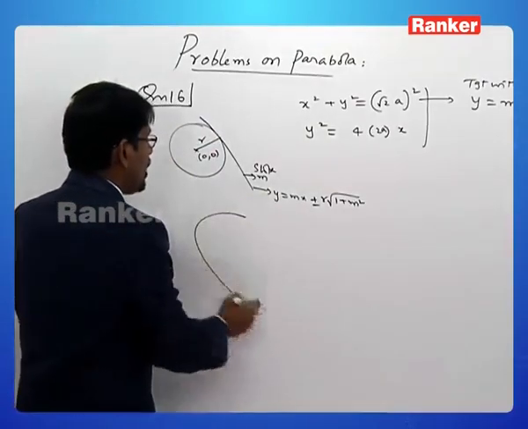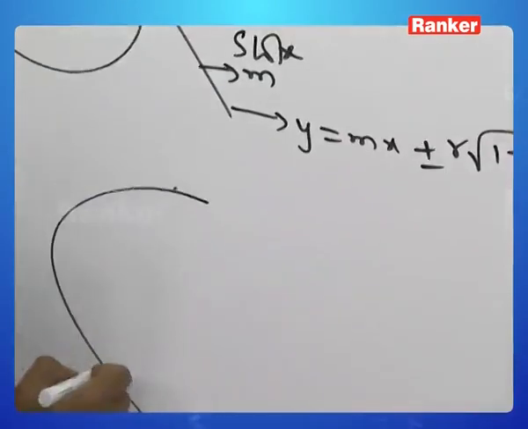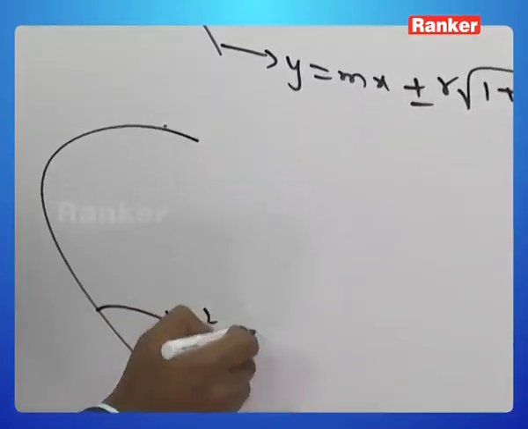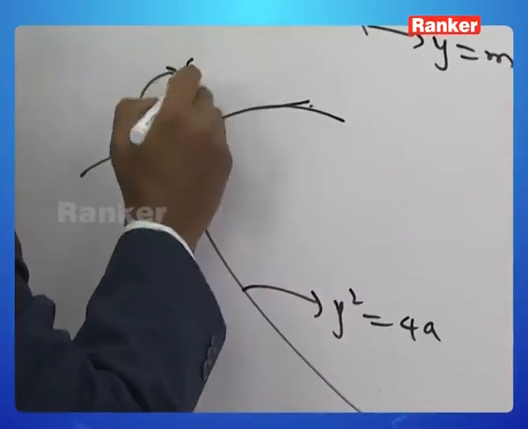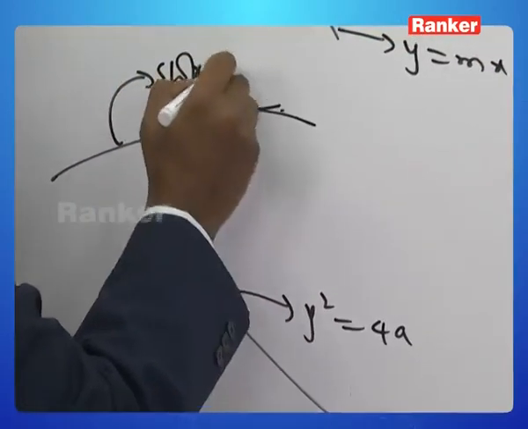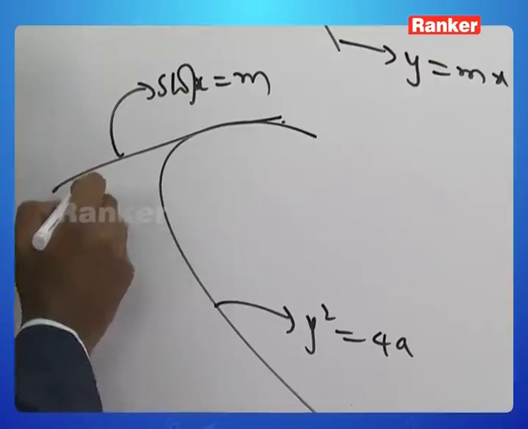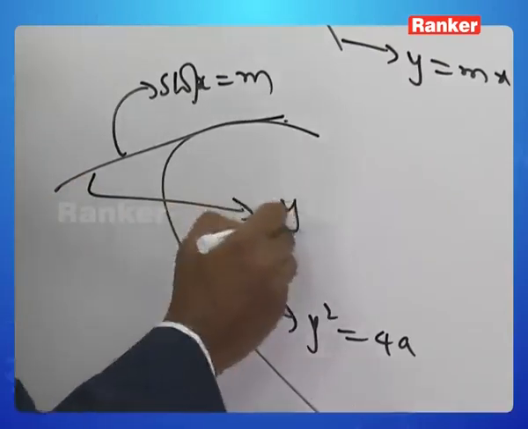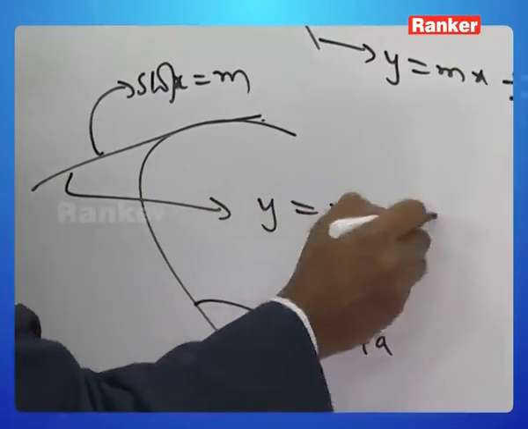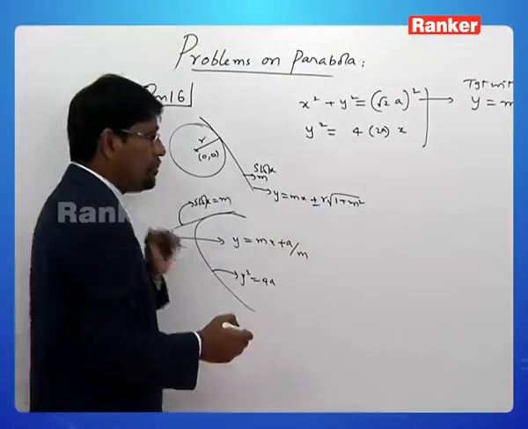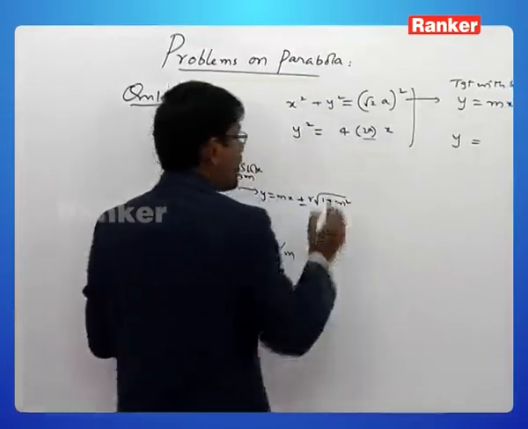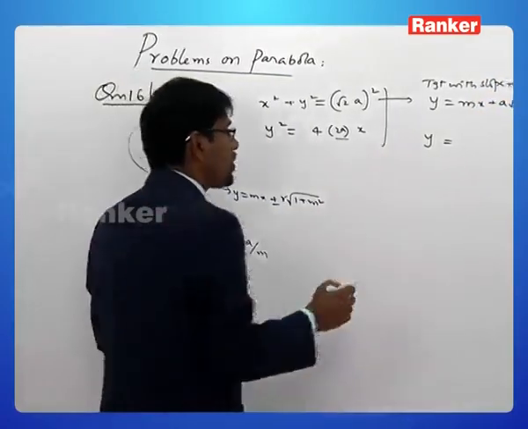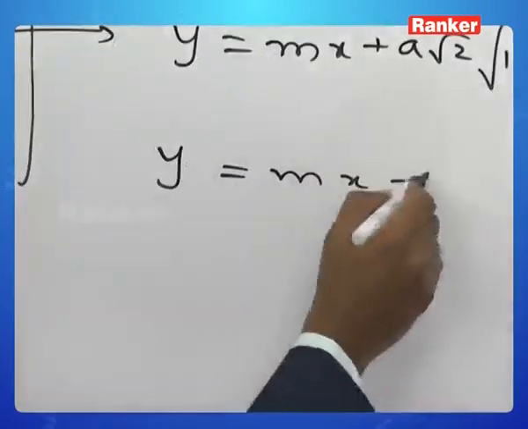Similarly, for a parabola y square equal to 4ax, a tangent with slope m is given by the equation y equal to mx plus a by m. In this case, in place of a we have 2a. So y is equal to mx plus 2a by m.